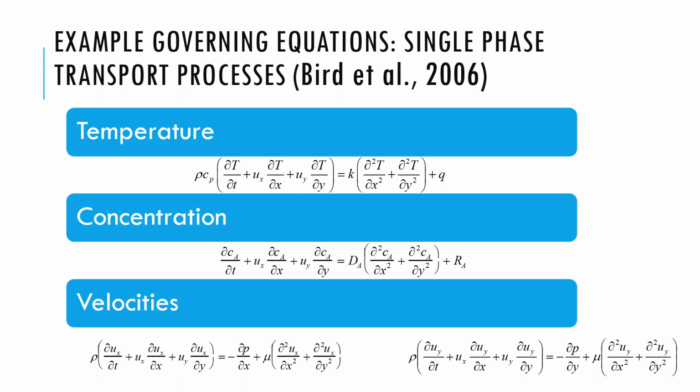Of course, we're not here to discuss all governing equations. Here's an example of the single phase transport equations in rectangular Cartesian coordinates and in 2D in this case. If we need temperature, we need to include this equation.